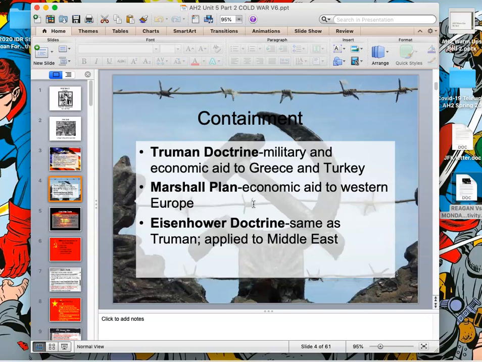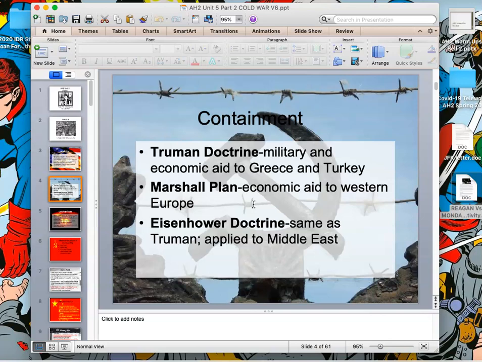So in the long term it didn't work, in the short term it did. Greece and Turkey did not fall to communism, and the United States and the Truman administration didn't want to lose more countries to communism, because they'd already lost places like Poland, Czechoslovakia, and multiple other European nations that we can talk about in a bit.